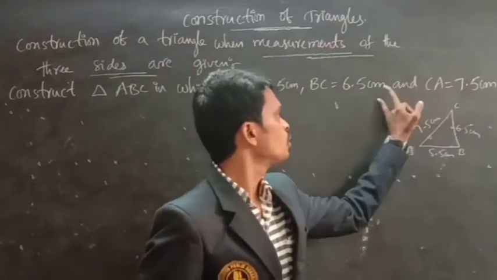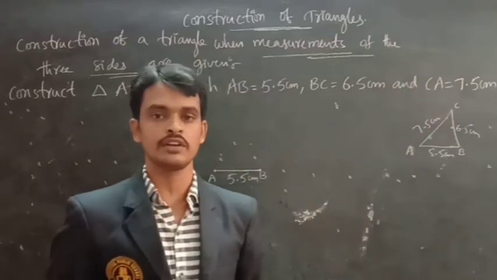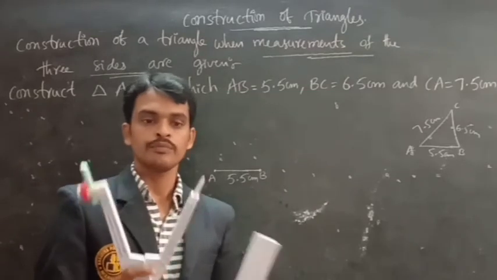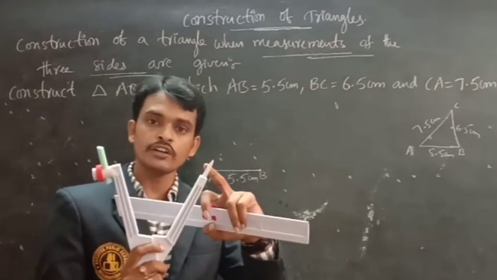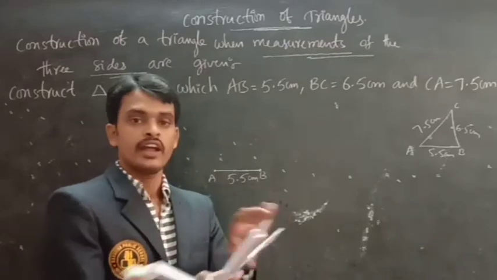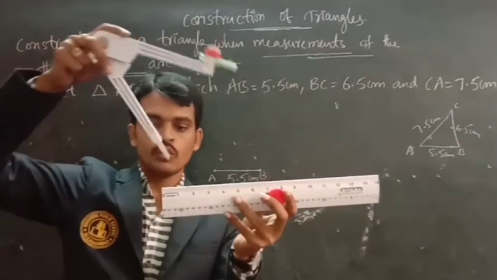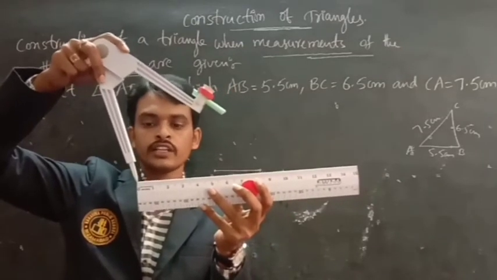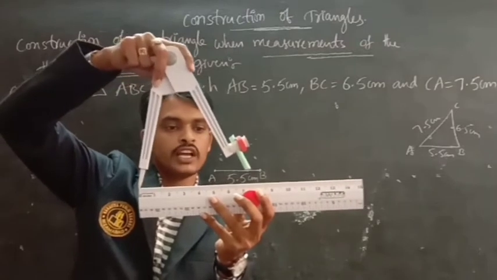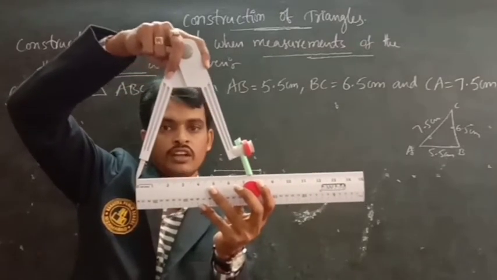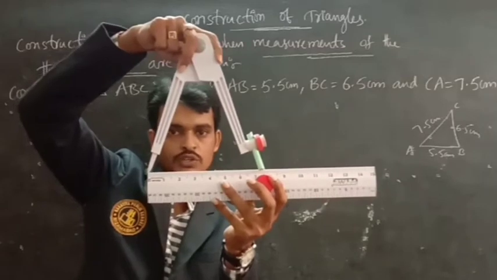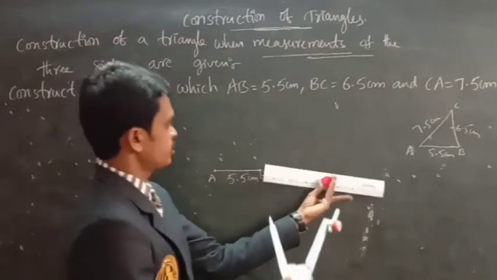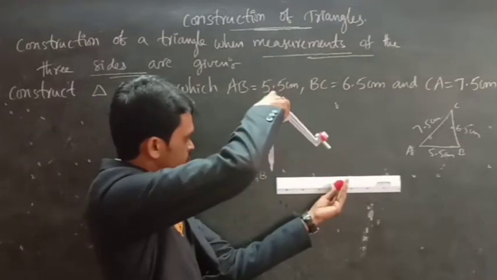In these two measurements, you can take either one. So using ruler and compass, place the pointer of the compass at 0 of the ruler, and take the 7.5 centimeter measure. Like this we take 7.5 centimeters.